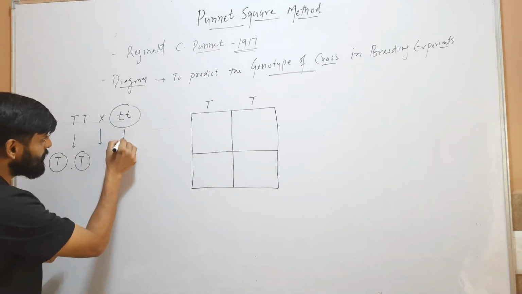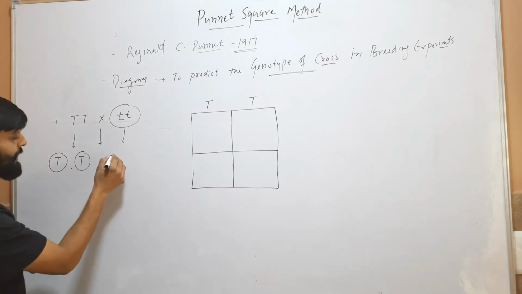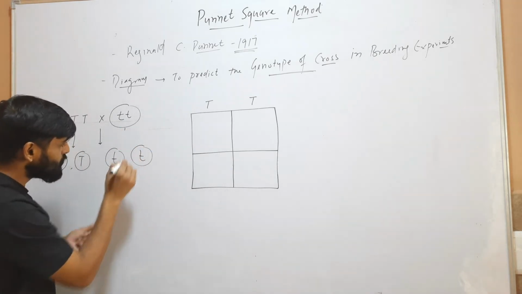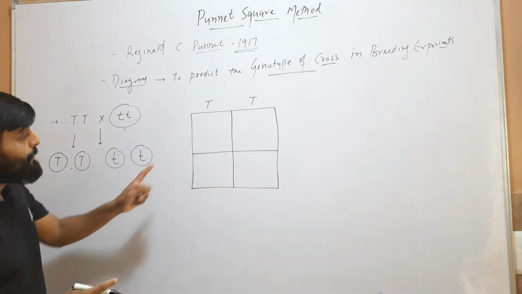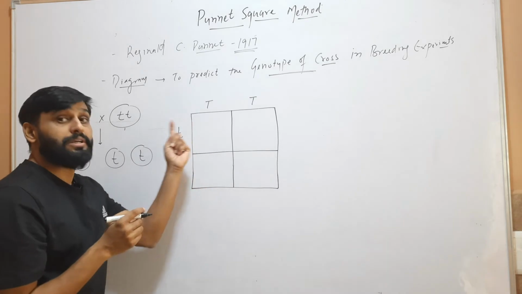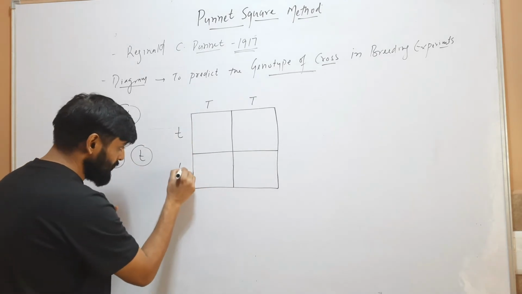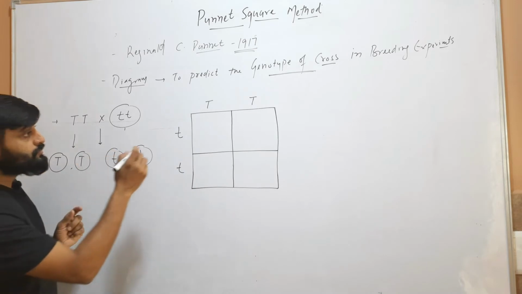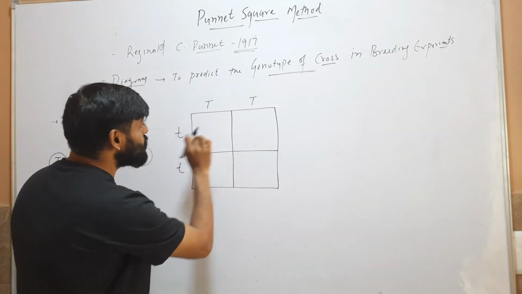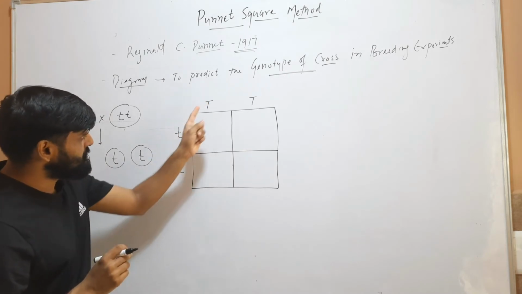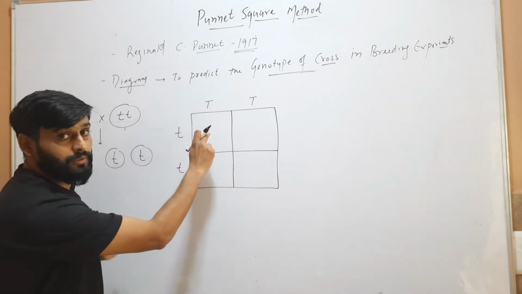And this parent will form gametes that are small t and small t. So I will write these gametes on the left side of the square: small t on the left side of this block and small t on the left side of this block. Now I will write the genotype of this cross in each block.